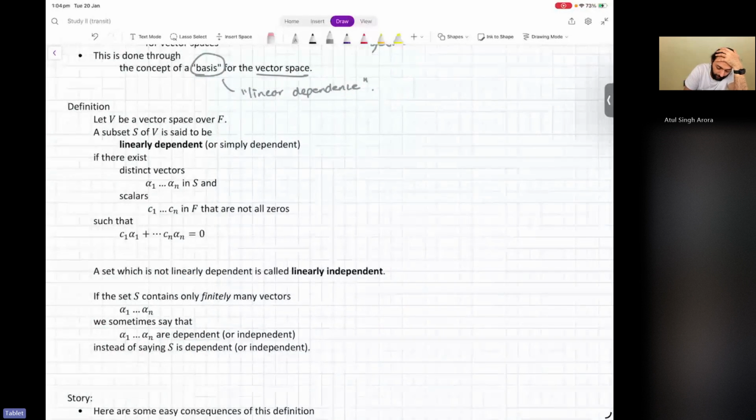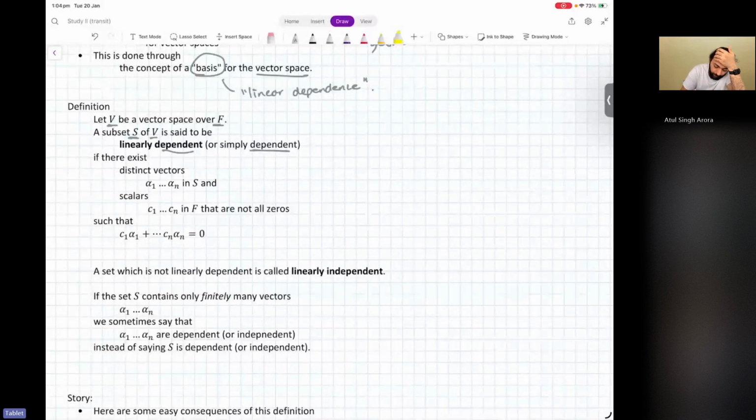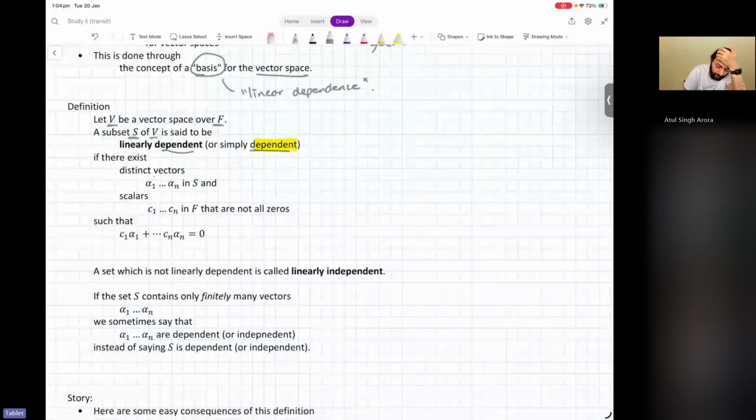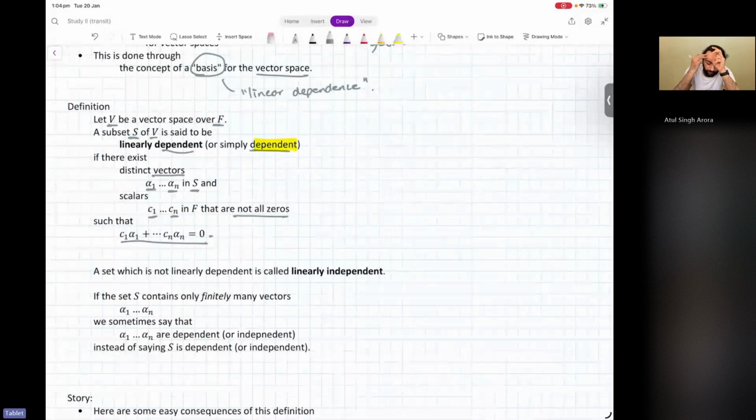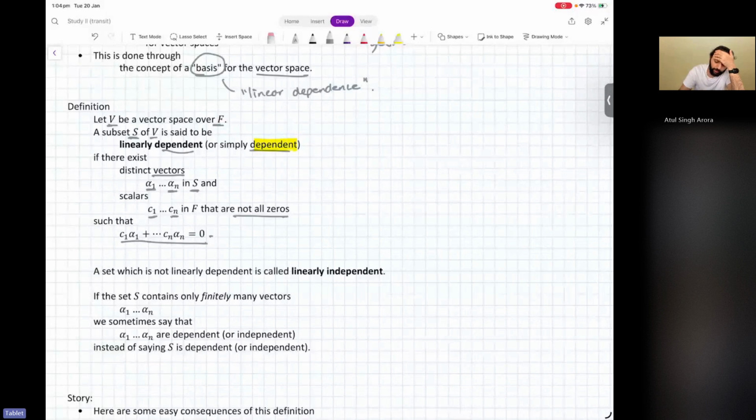Let V be some vector space over F. A subset S of V is said to be linearly dependent, or sometimes simply dependent, if there exist distinct vectors alpha 1 to alpha n in S, and scalars that are not all 0, such that this sum over here is 0. So linear dependence is saying that you can take a linear combination and make it 0 without all the c's being 0.